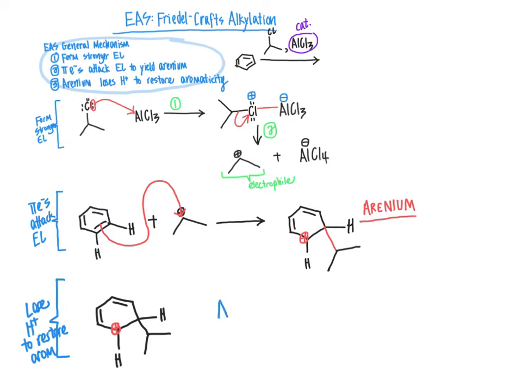So drawing out AlCl3, I'm going to draw just one of the bonds to chlorine explicitly here so we can illustrate what's happening. We had a negative charge on the aluminum up here, so we still have to have that negative charge down here. So I've drawn out that bond explicitly, and what we are going to do is have that chlorine via this bond here act as the base, meaning that it's grabbing a proton from the arenium acid, forcing the carbon-hydrogen bond to break. Those electrons have to go somewhere.